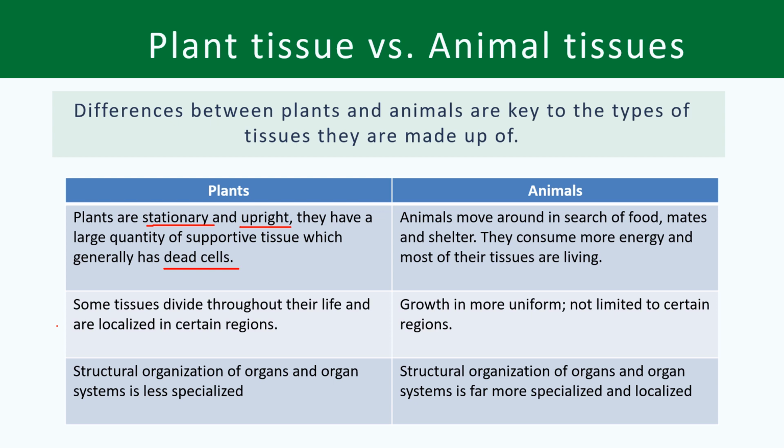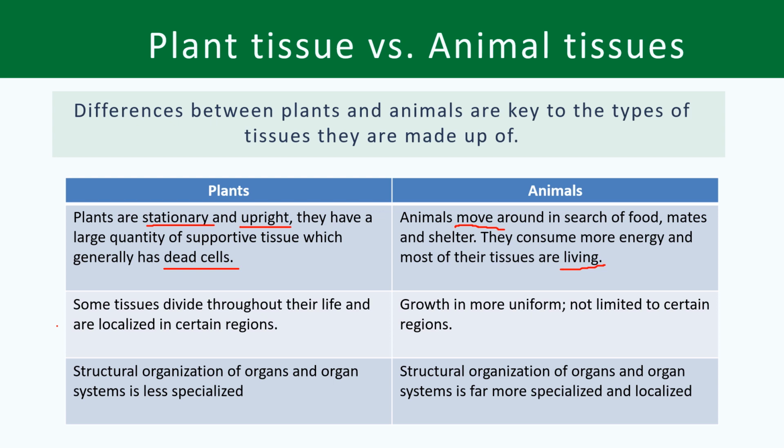However, in animals, because animals can move, animals move in search of food, mate, shelter, so they consume more energy. They keep moving from one place to another place. And therefore their tissues are mostly living, they are not dead.